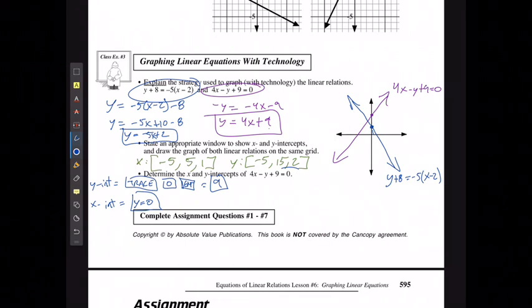So depending on whether you're using a Casio or using one of the other ones, you can go second, trace, and then do the calculate for intersects, or you can just use the intersect function on the calculator, which I believe is Casio, which is, I believe, F4. And if you're doing that, then you're going to see that the x-intercept is going to equal negative 2.25 or 9 over 4 as a fraction.